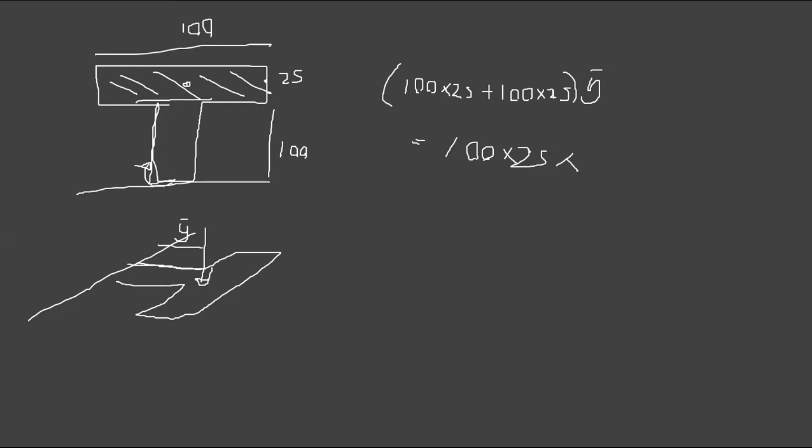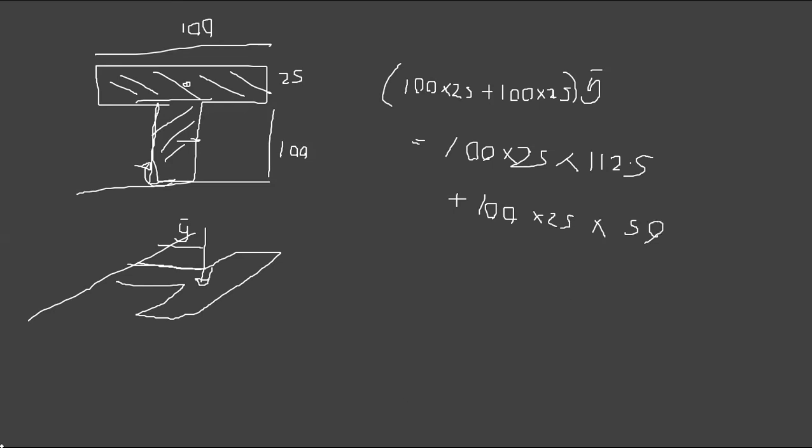That distance we know: 100 plus 20 plus 12.5, that's 112.5, plus this part into 50.